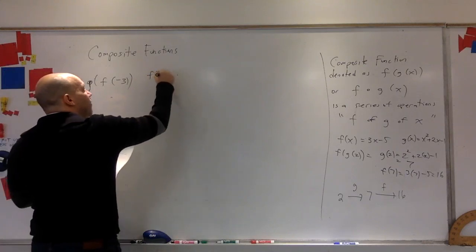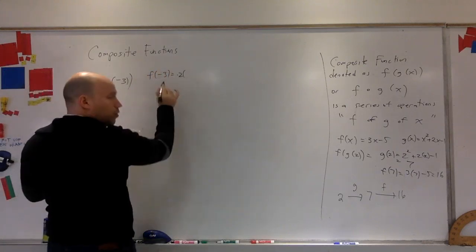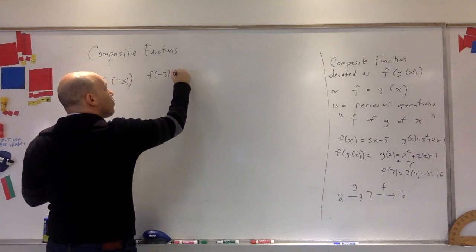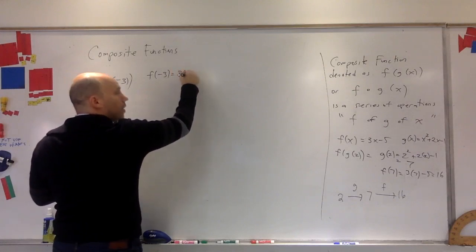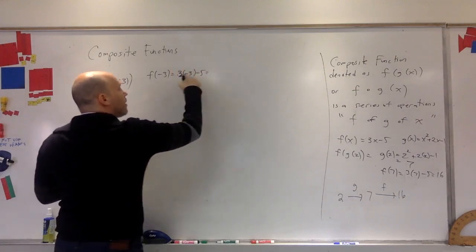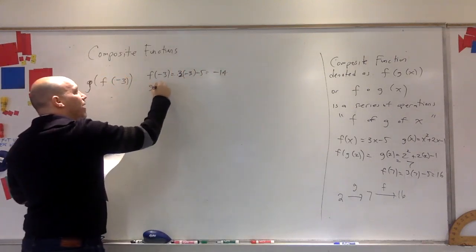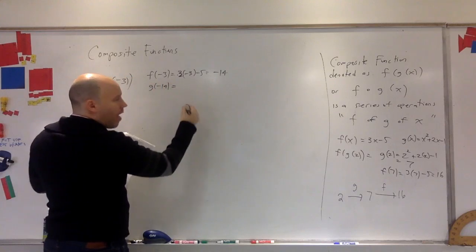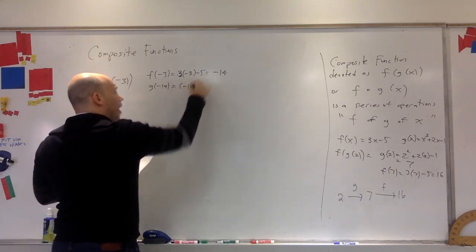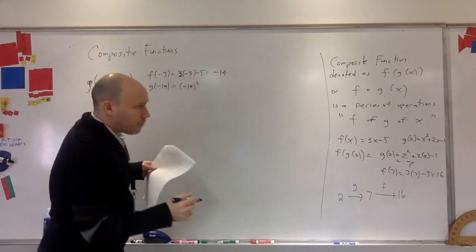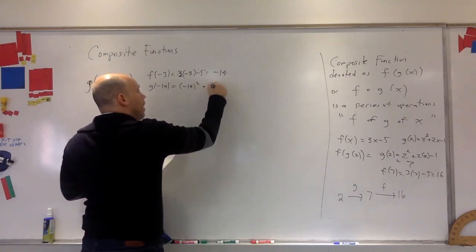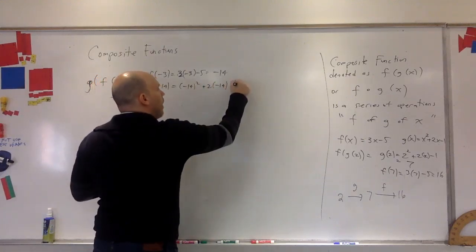So f of negative 3 is 3 times negative 3 minus 5, and that's negative 14. And then g of negative 14 is negative 14 squared plus 2 times negative 14 minus 1.